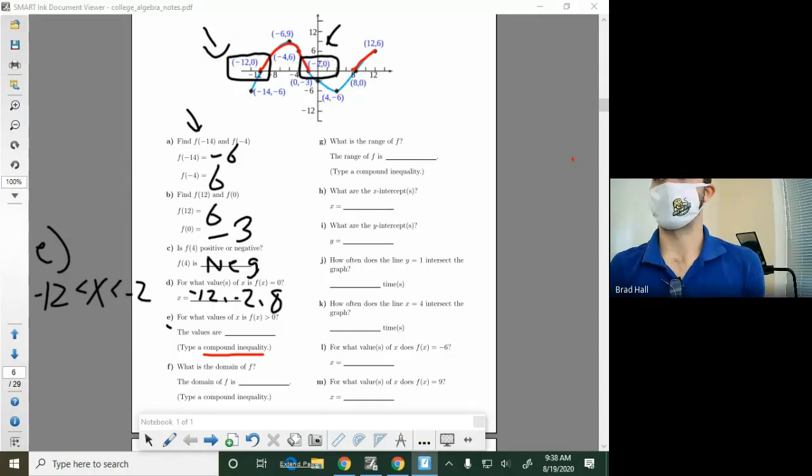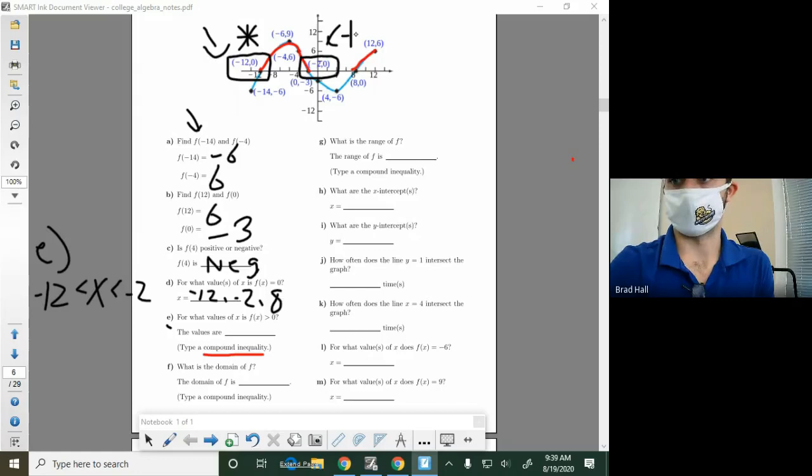And so that's how we generally denote intervals, just whether it's interval notation or inequalities. You find the leftmost x value, which we found right here. It was -12. And then the rightmost x value, which was -2. -2 might be hard to read, but that does say -2.